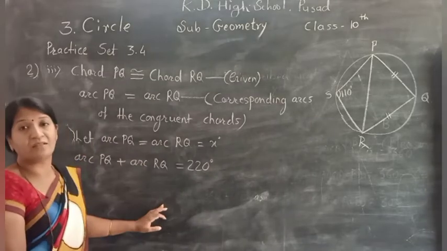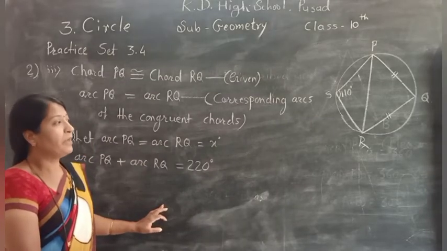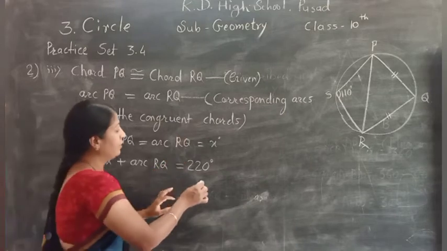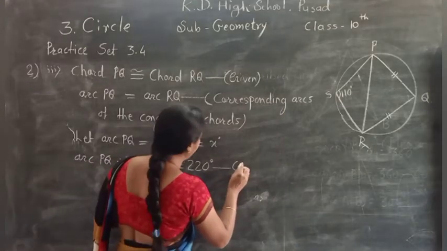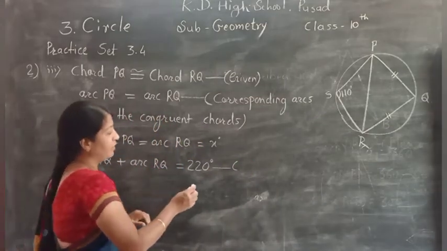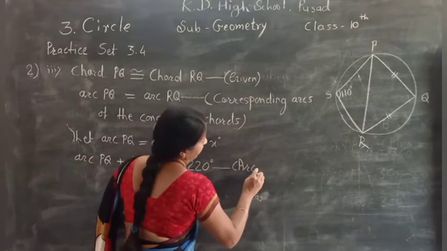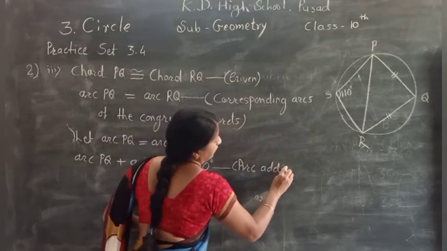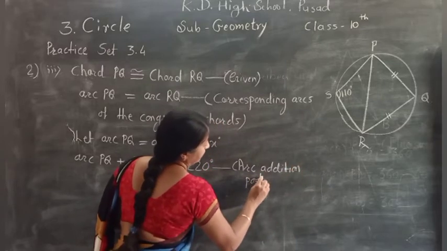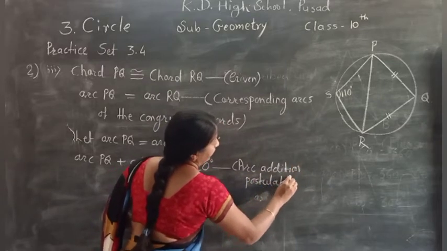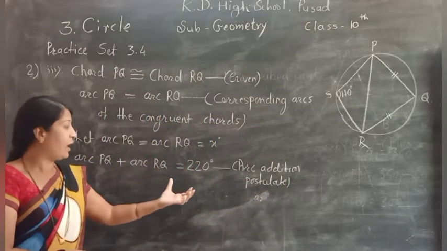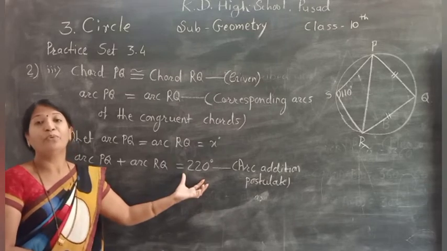Here in the second answer, we found that major arc PQR is equal to 220 degrees, and here put the reason: arc addition postulate. By the arc addition postulate we write arc PQ plus arc QR is equal to 220 degrees.